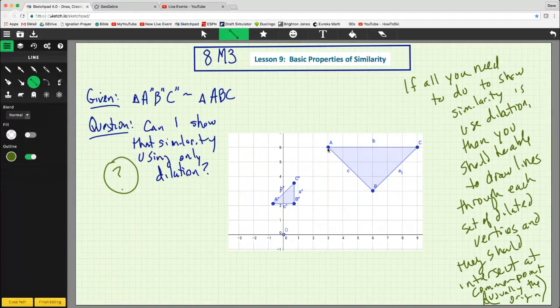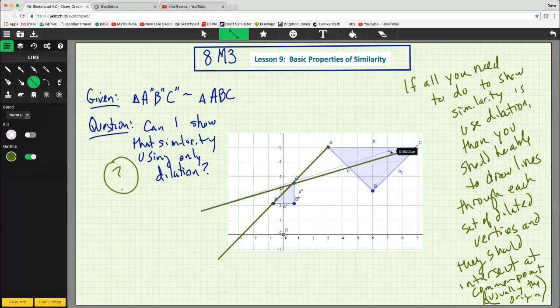So I want to take point A down to A double prime, and I'm going to see if I can make all of my points line up. In other words, can I just dilate that smaller triangle and get the bigger triangle? Well, let's go through A. Let's dilate our point.